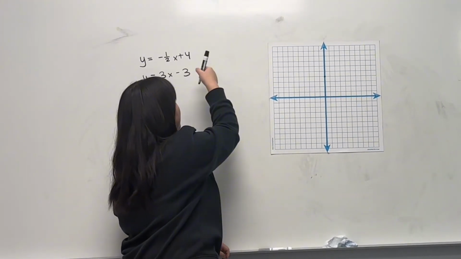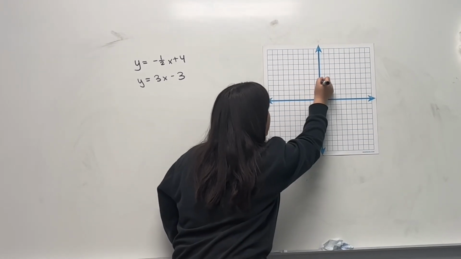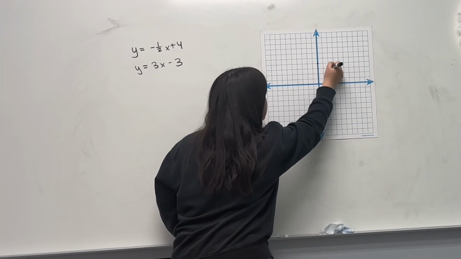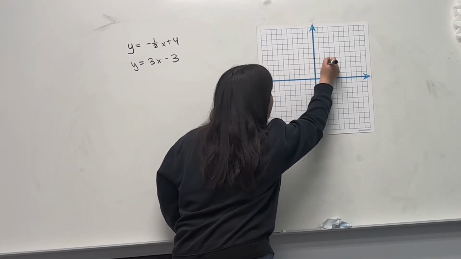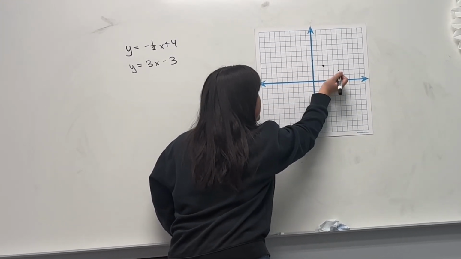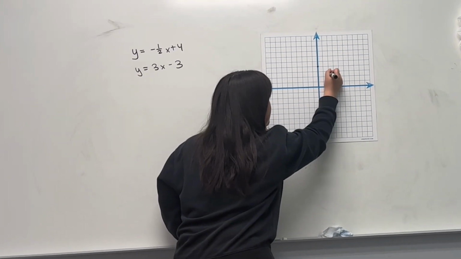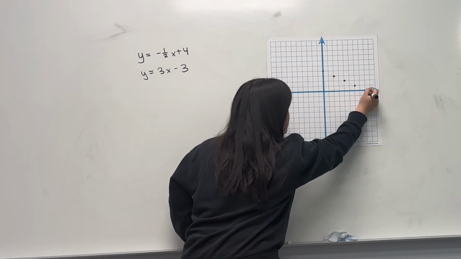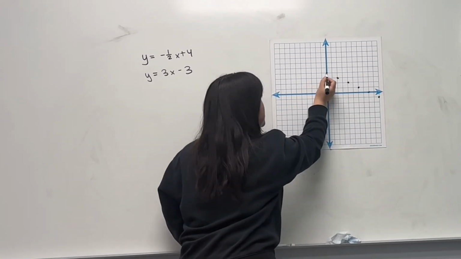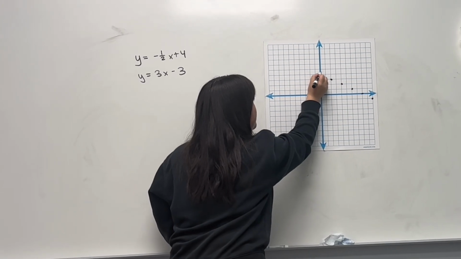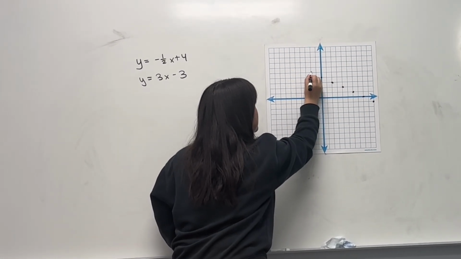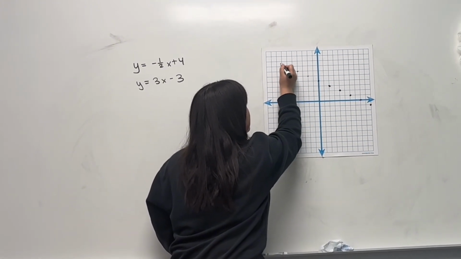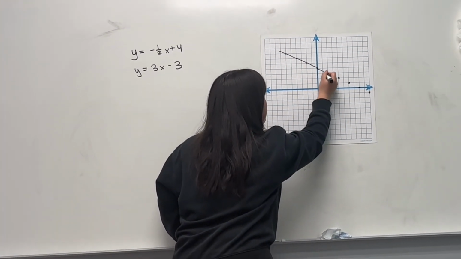It's like 1 on the top of the fraction, so we go down 1, and then since it's 2 at the bottom of the fraction, we go to the right by 2, so it'd be right here, and then we just repeat what we just did. We could also do the opposite of it, which is going up by 1 and then to the left by 2. And then you could just draw the line.